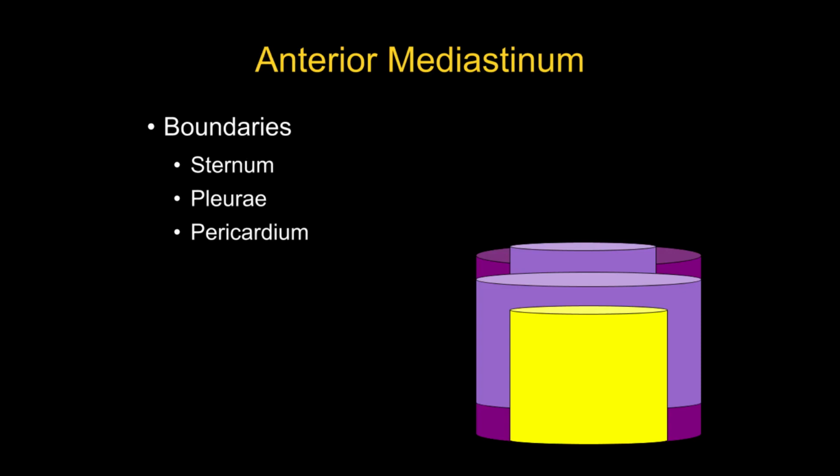Now, the boundaries of the tinier compartment known as the anterior mediastinum: you have the sternum in front, anteriorly, and the connective tissue wrappings of the lungs and of the heart.